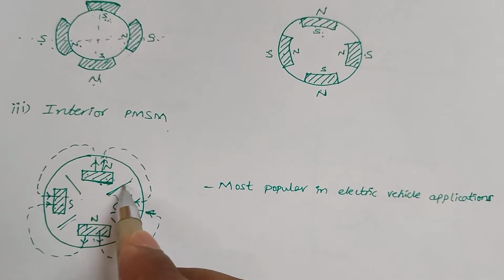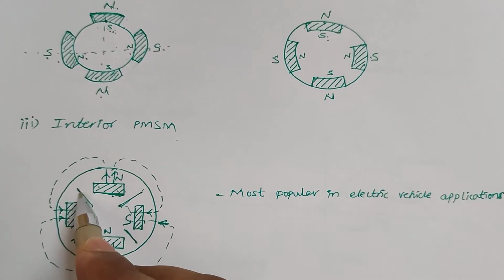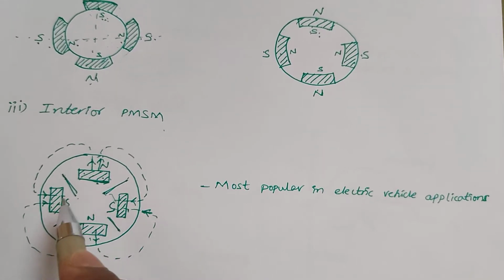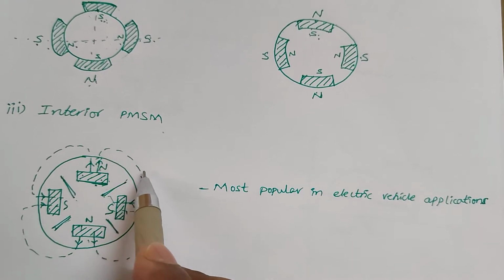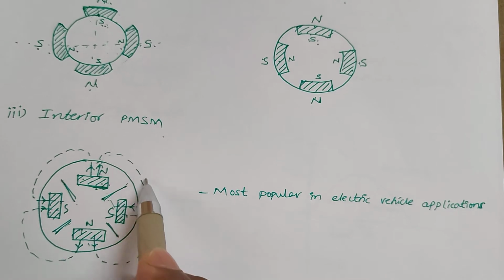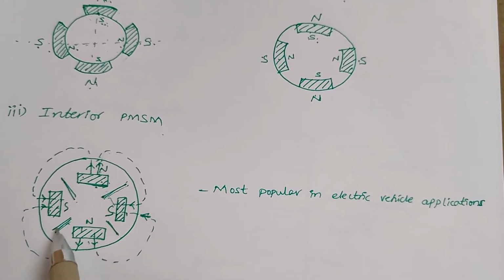These are called the non-magnetic strips, to avoid the flow of field directly from one magnet to the other. So the magnetic field needs to flow in the dotted path only. For that, we place the non-magnetic strips between each two magnets.